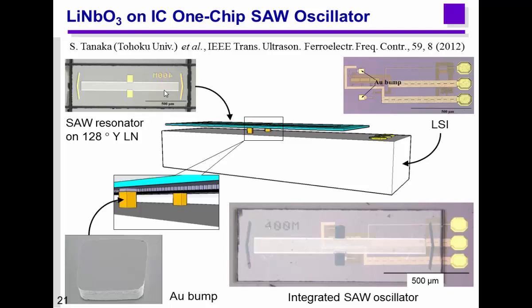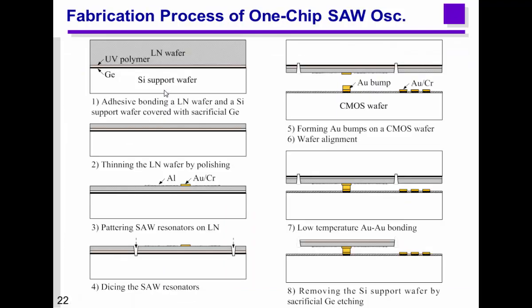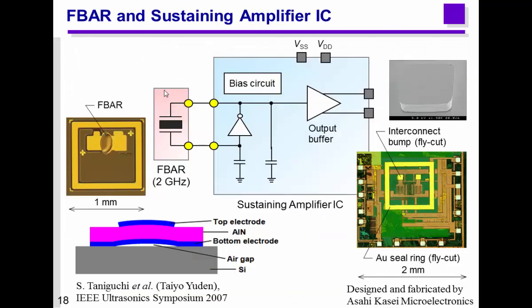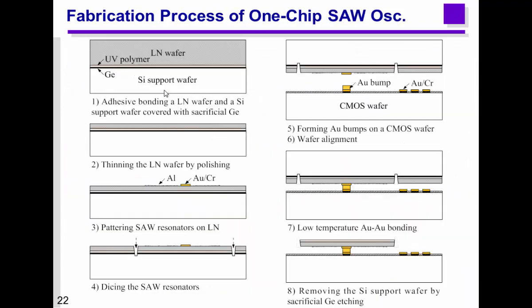So we need to integrate, of course, at low temperature. The process is similar to what I explained. The lithium niobate wafer was supported by a silicon wafer by UV polymer at low temperature.